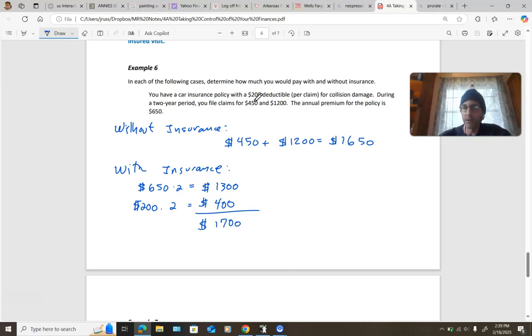Otherwise, a lot of people wouldn't have comprehensive coverage. Typically, it's going to be in the thousands. And so, if these two claims had both been in the thousands, then having insurance would be a lot cheaper than having to pay those expenses yourself. So anyway, you do have an example like this or a couple problems like this in your homework.